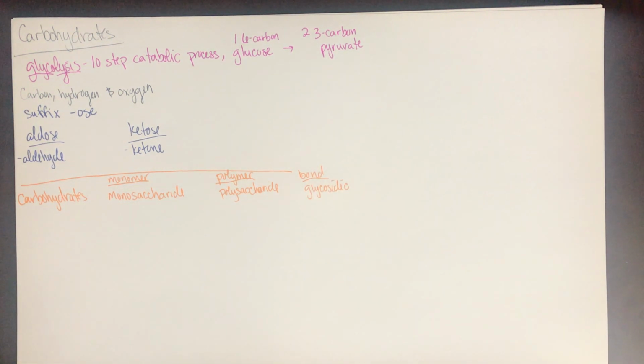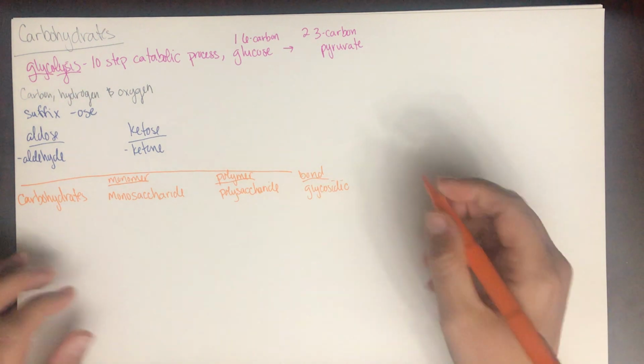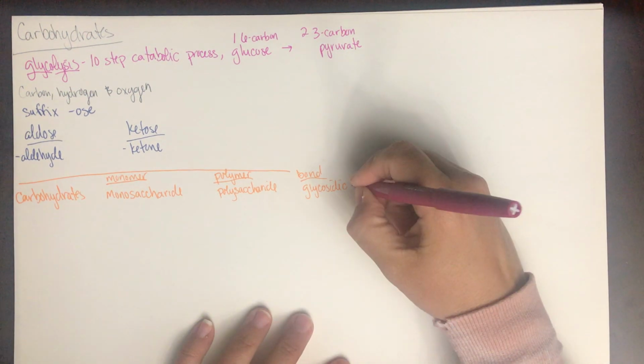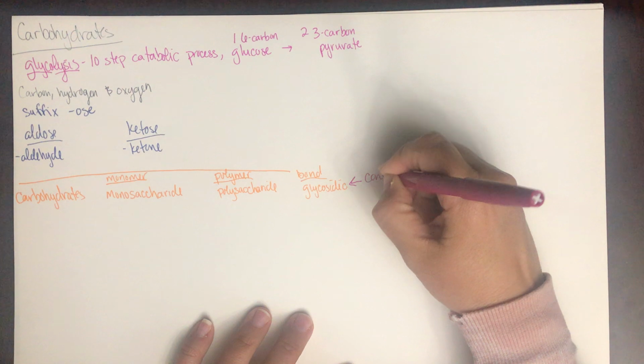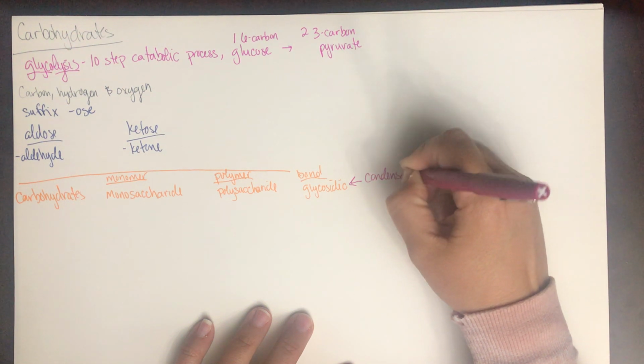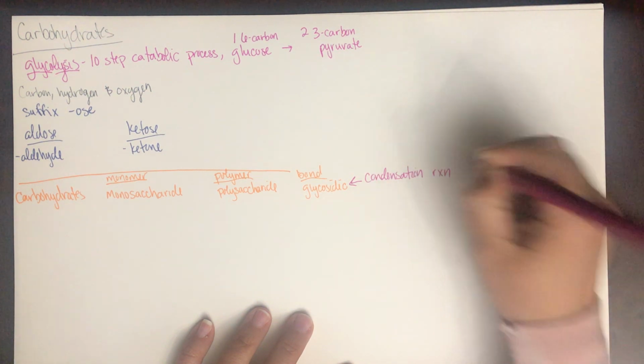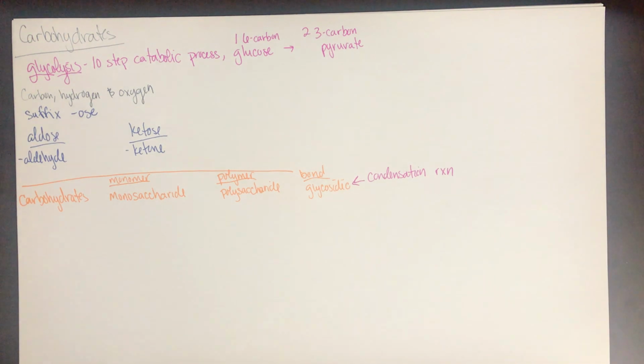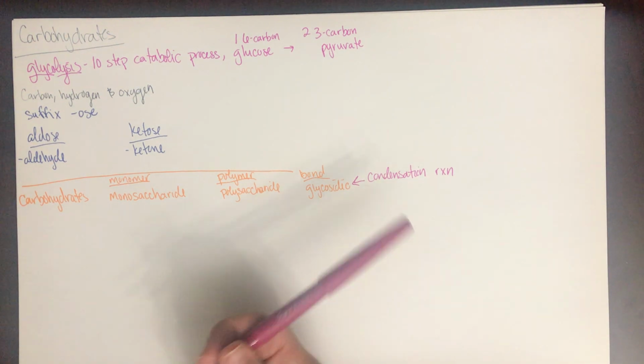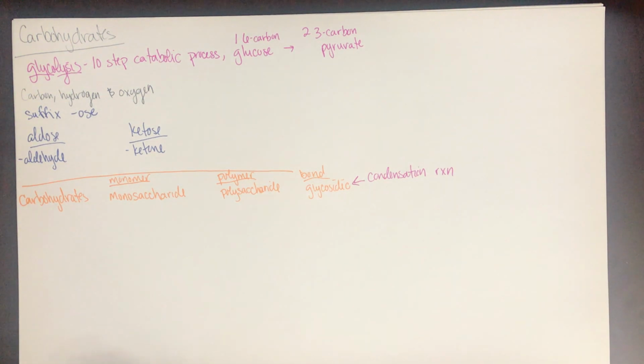The place that the glycosidic bond is first introduced in your lecture is on slide number 13, and this is a condensation reaction. So this glycosidic bond is a condensation reaction, similar to how a polypeptide is formed, where the peptide bond is a condensation reaction.